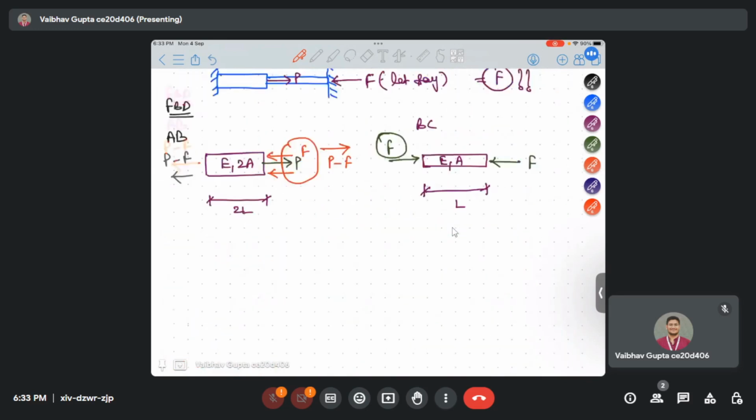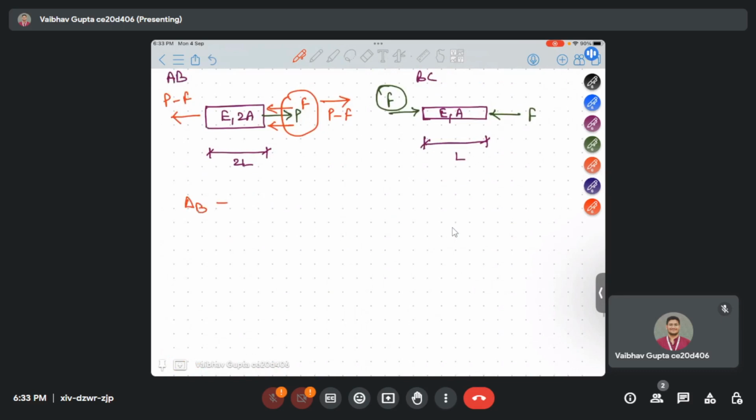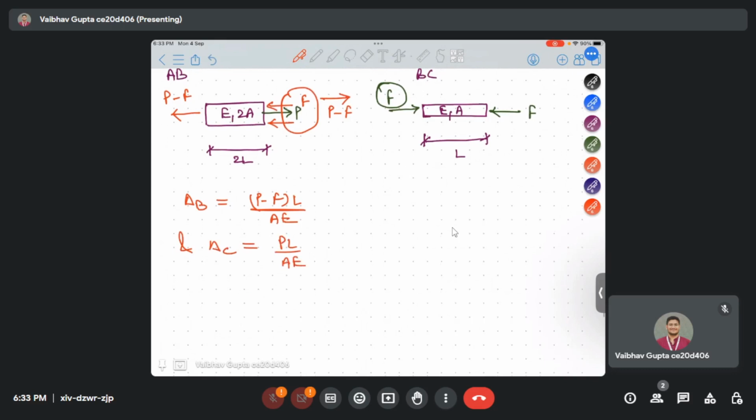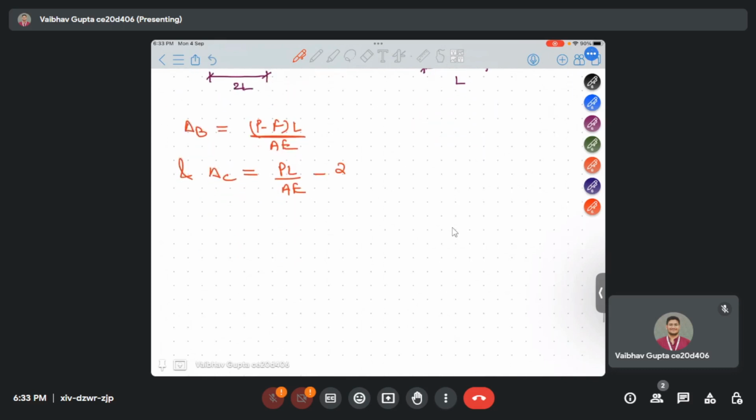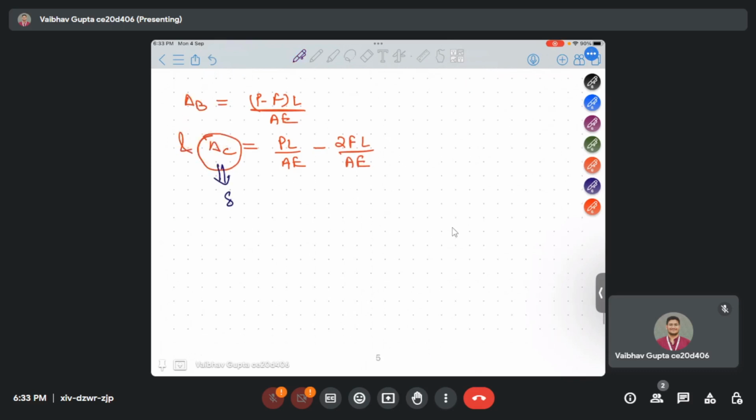So finally, what we get from case 2 is delta B was P minus F times L over AE, and delta C is equal to PL by AE minus 2FL by AE. But here this delta C is nothing but the delta gap, because this has been given in the question. So delta is equal to PL by AE minus 2FL by AE.